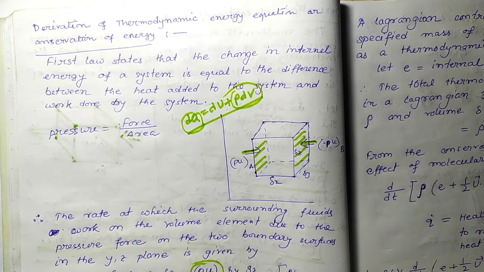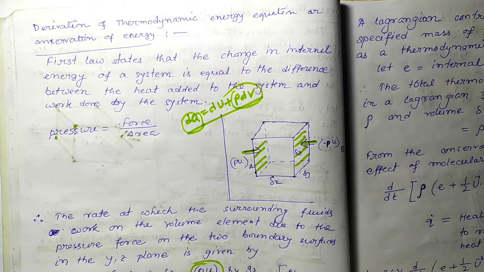The first law of thermodynamics is usually derived by considering a system in thermodynamic equilibrium, that is a system which is initially at rest and after exchanging heat with its surroundings and doing work on the surroundings, it is again at rest.